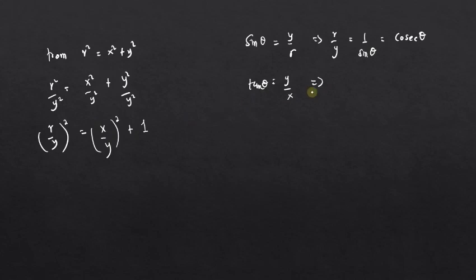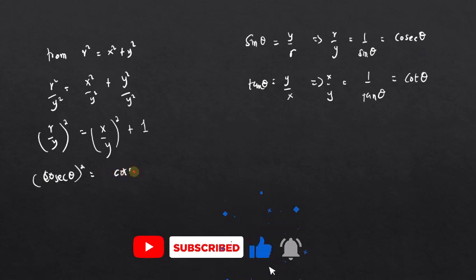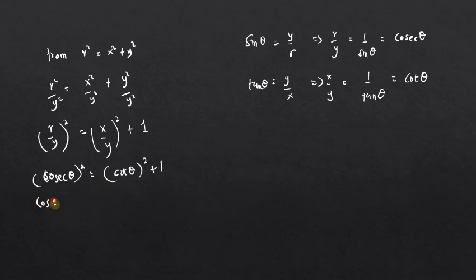So we are going to substitute this into this equation, and then that will give us cosecant theta all squared equal to cot theta all squared plus 1. So we have cosecant squared theta equal to cot squared theta plus 1. That is our third identity, right? That's our third identity.